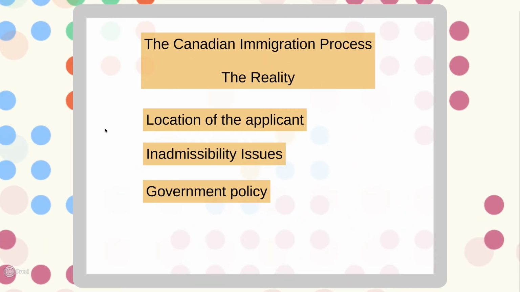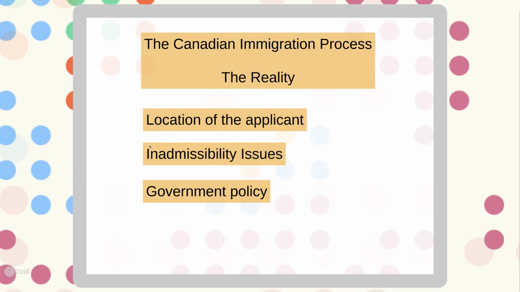The reality of the Canadian immigration process, as you can see, is quite complicated, and it also is affected by various factors. A few of them I've listed here, but there are more. First, the location of the applicant. Different visa offices are responsible for different types of visas, so that can affect the times and what's required of the applicant, depending on where they are. They also might need to provide fingerprints or a medical exam depending on where they live.